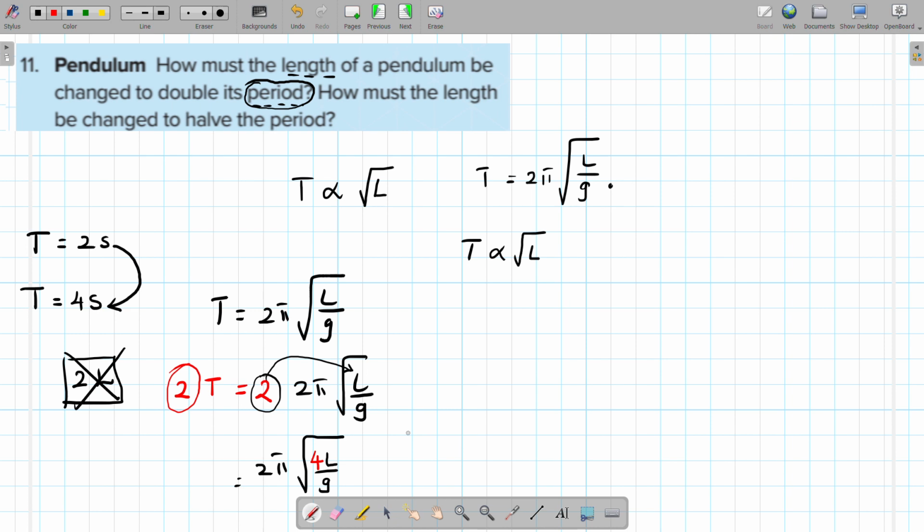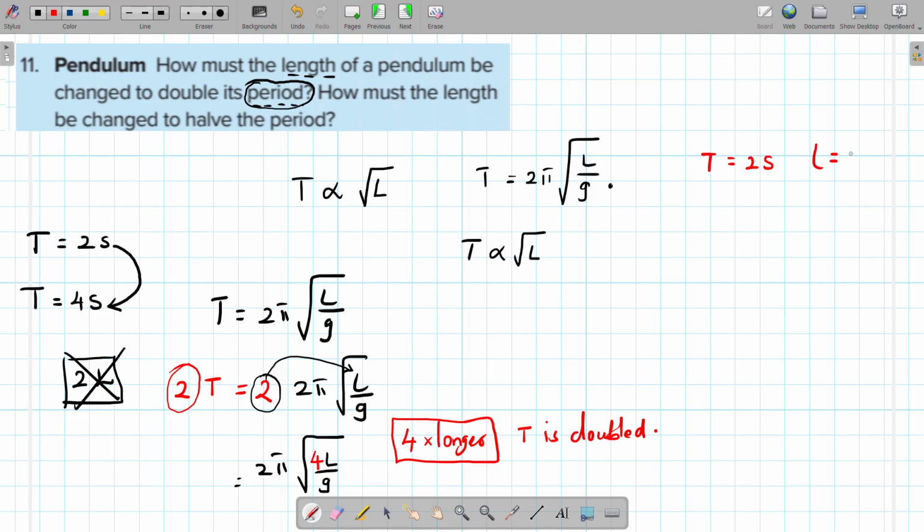The length is 4 times longer. If you increase the length by 4 times, the time period is doubled. That's the answer.